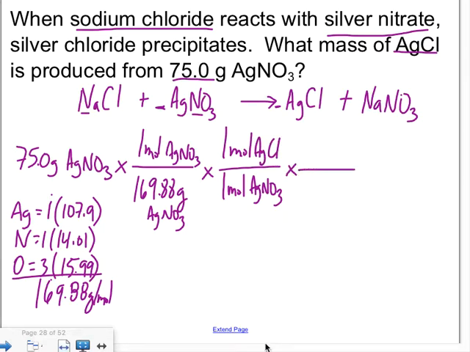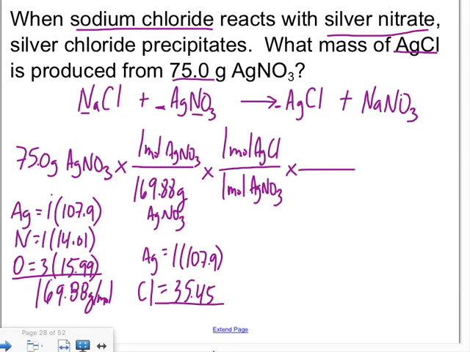All right, my final conversion is to figure out the mass of AgCl by multiplying by the molar mass. So, silver. What's the molar mass of AgCl? I got 1 at 107.9. Chlorine, I have this one memorized, 35.45.